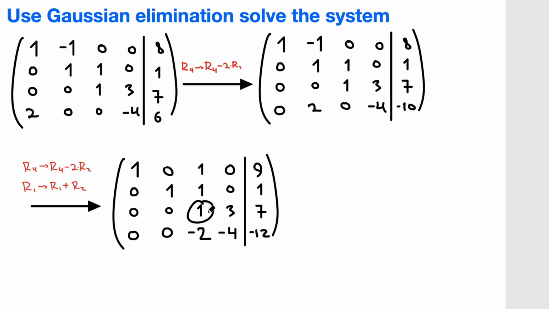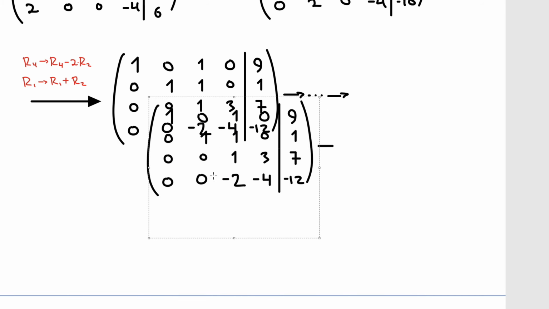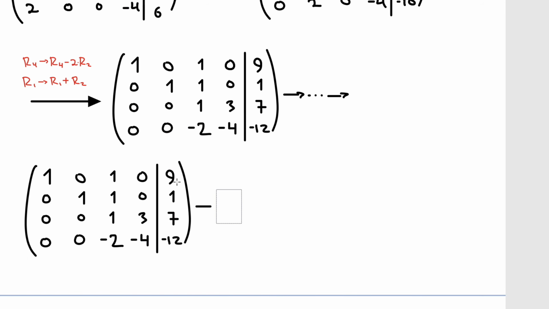So now we'll use this 1 to eliminate these. And that's how we'll continue. So let me just show you what the final result is, because this is getting a little bit tedious. Okay, so if we continue this, I checked, that will eventually get the following. So the reduced row echelon form is as follows.